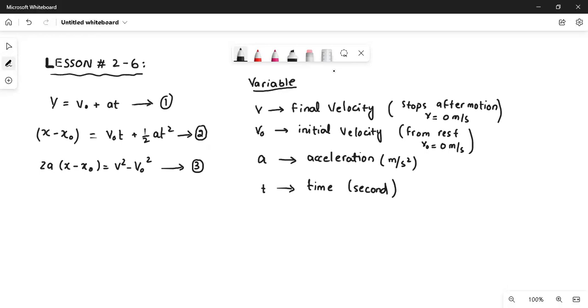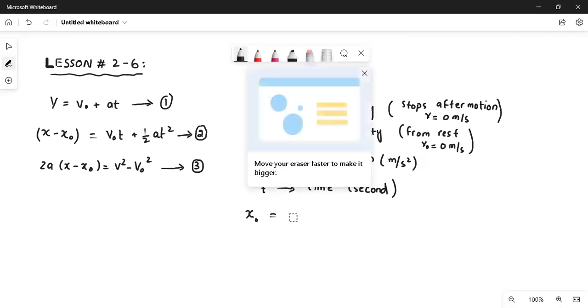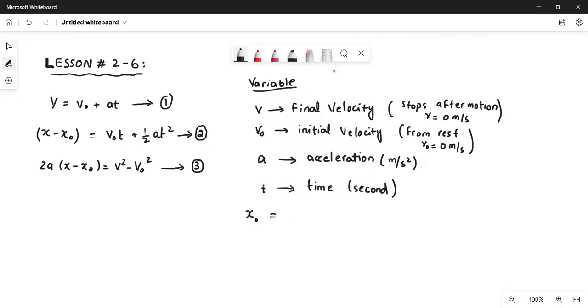And last, the fifth variable is x. So x is your final displacement and x naught is initial, but usually x naught is considered as 0. It is actually your position. So x naught is the initial or beginning position, and x is the final position.